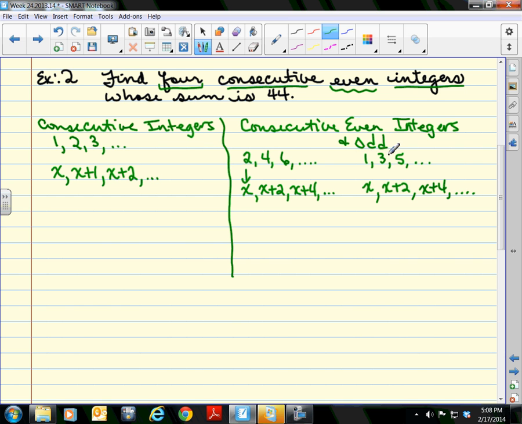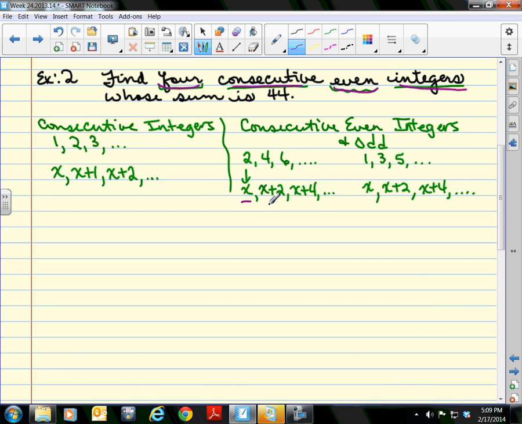And for even and odd, it is the exact same process. You wouldn't think that it would be that way. Some people think that you would have odd numbers right here, but that's not the case. So that's a common problem. Don't make that mistake.